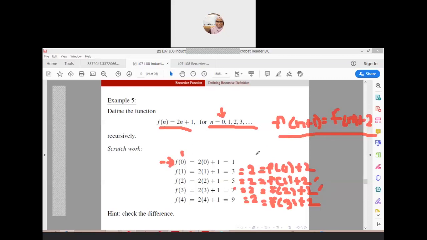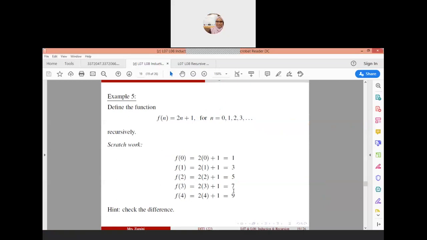So for f(4), which is n+1, n is equal to 3, f(4) is equal to f(3) plus 2. Then we get this. So the general formula that we can conclude for this recursive definition is f(n+1) is equal to f(n) plus 2. Okay, let's see how it is solved. This is example 5.